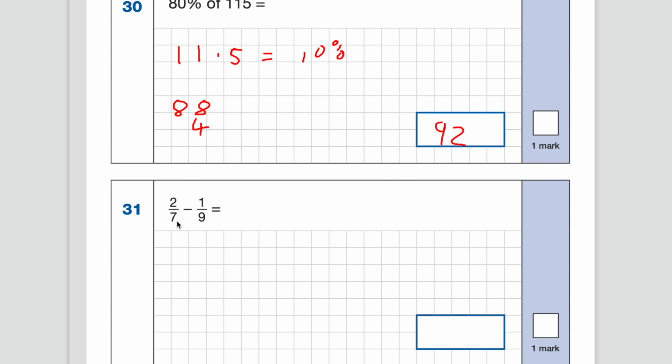So in order to do that, I'm going to need to multiply this fraction by 9, both the top and the bottom. 2 times 9 is 18. 7 times 9 is 63. Subtract. We need to turn this into 63s now, so we can multiply the top and the bottom by 7. 1 times 7 is 7. 9 times 7 is 63. So what's 18 subtract 7? It's 11. 11 63s. That's your answer.